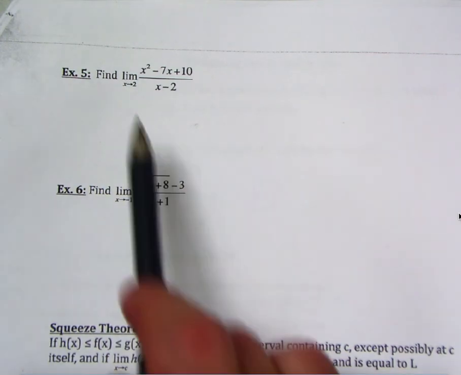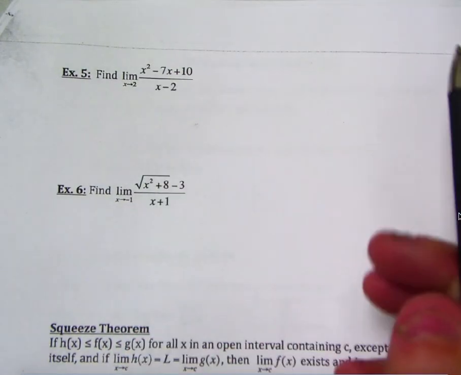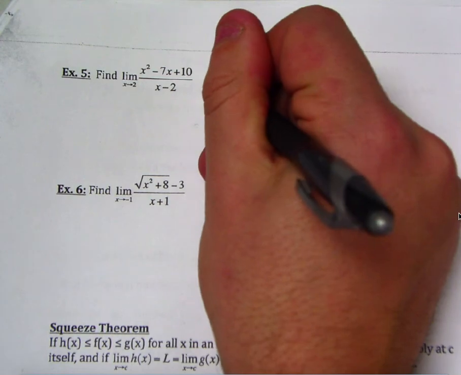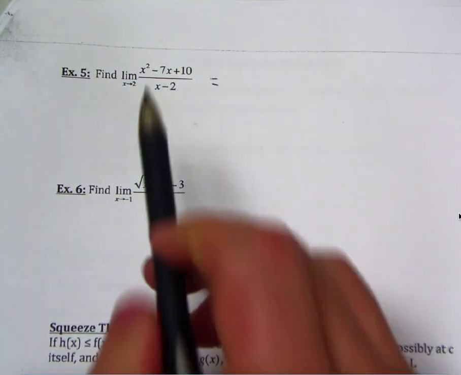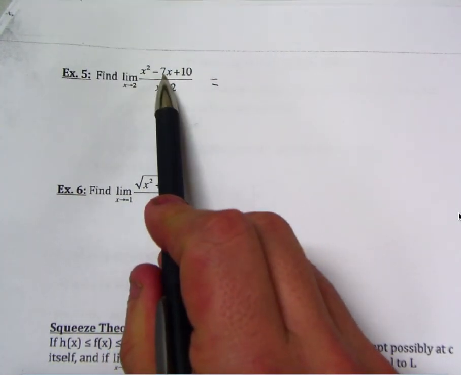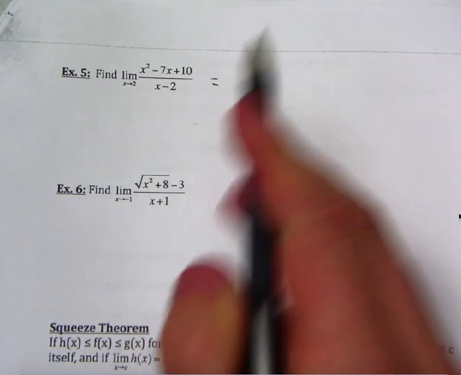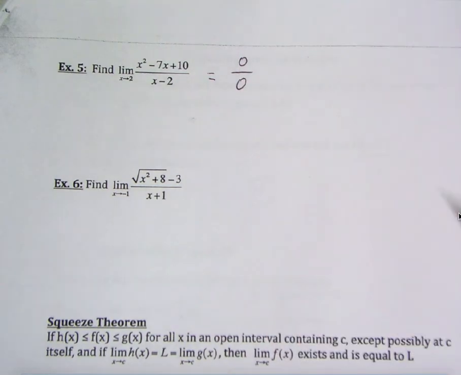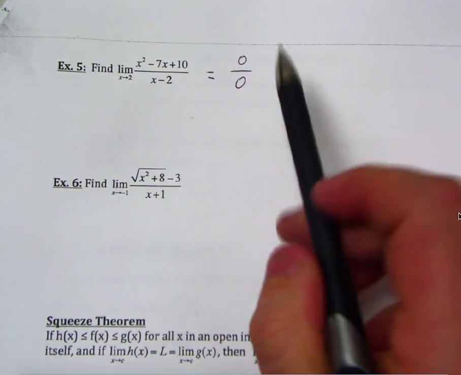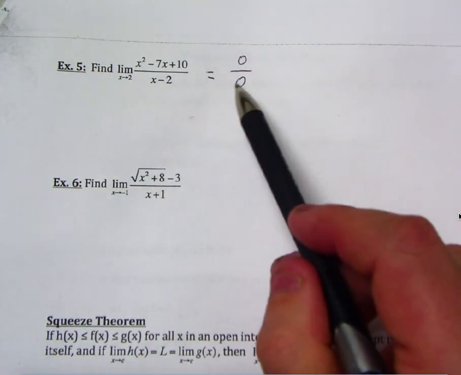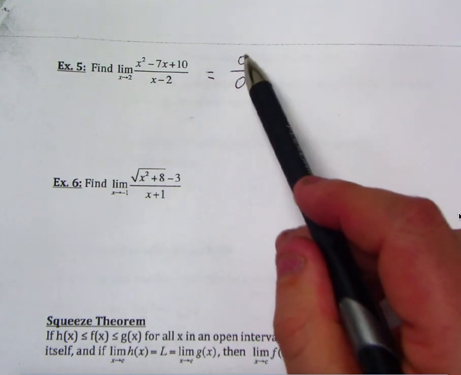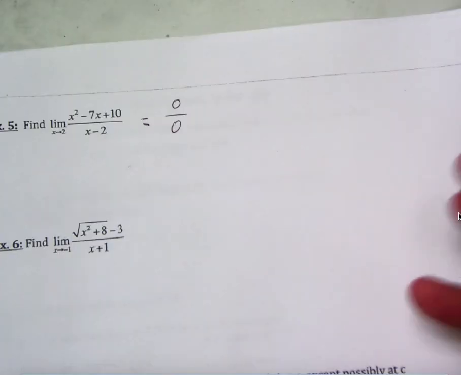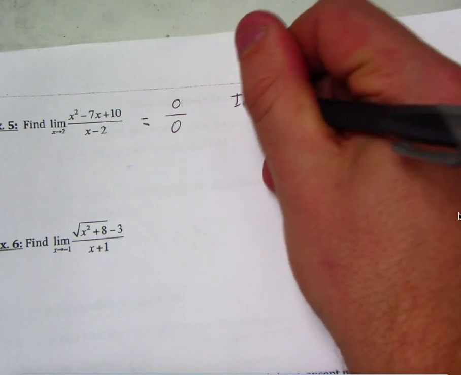Well, if I plug 2 in for these x's, I'm just going to try direct substitution right off the bat. So I plug 2 in and I get 4 minus 14, so -10 plus 10, I get 0. And then 2 minus 2 is 0. 0 divided by 0 is inconclusive. It's not 1, it's not 0. 0 divided by 0 is undefined. In fact, this is called an indeterminate form.